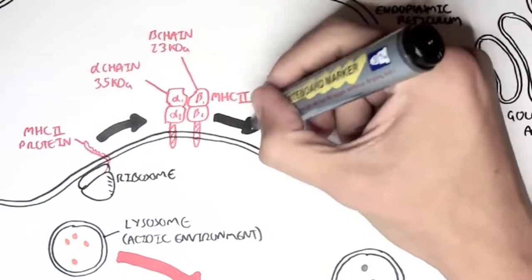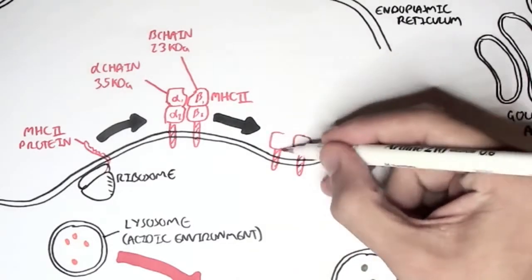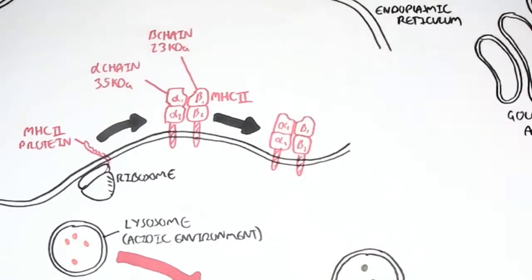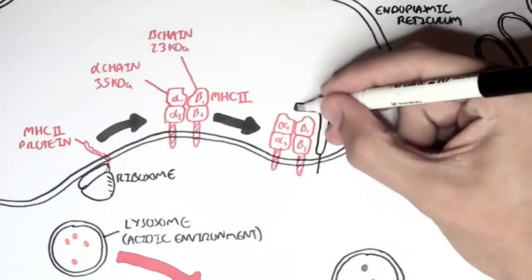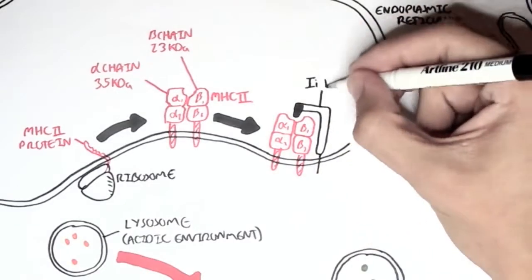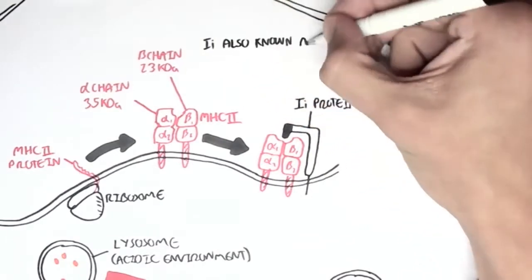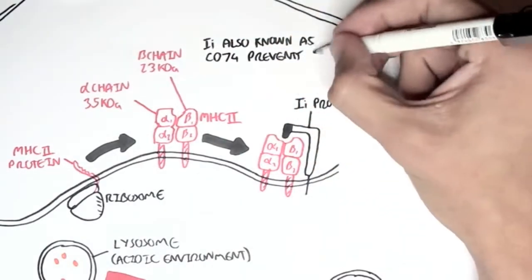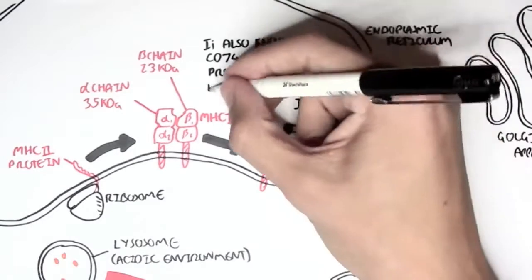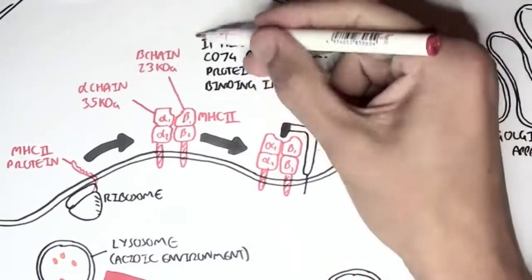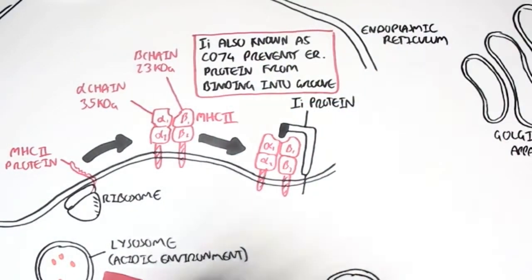The MHC class 2 will have another protein interacting with it as soon as it is synthesized. This protein is called the invariant chain, I think it's the CD74, which will prevent endoplasmic reticulum peptides from binding onto the MHC class 2 groove.